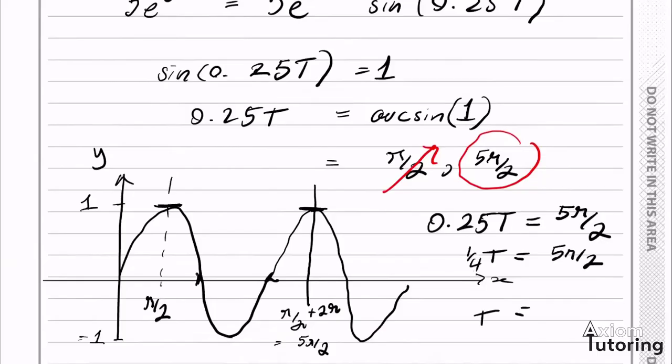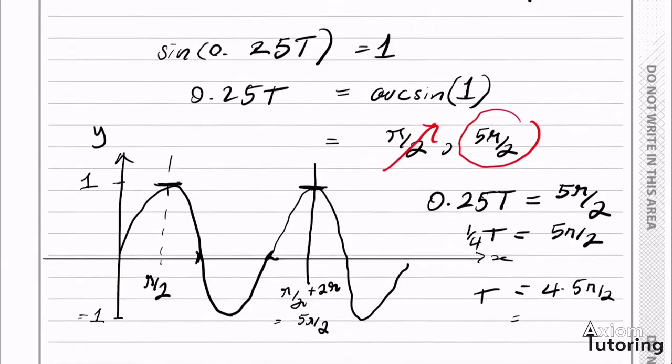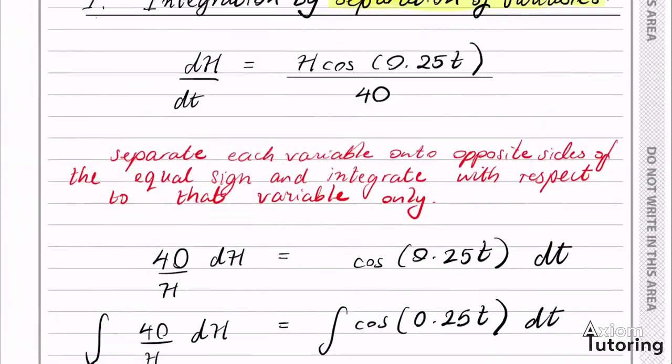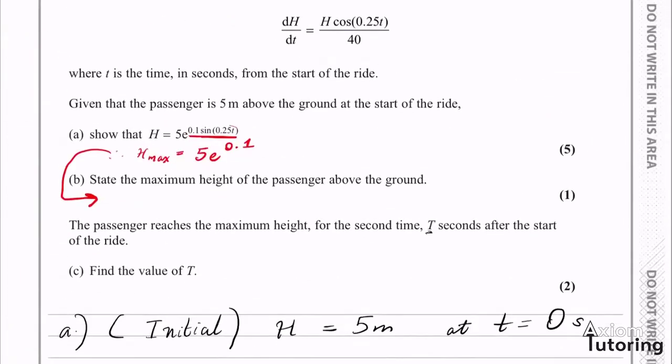Therefore, t is 4 lots of 5 pi over 2, which is just 10 pi. It's 10 pi seconds is our value for capital T, which represents the second time that the passenger reaches the maximum height.